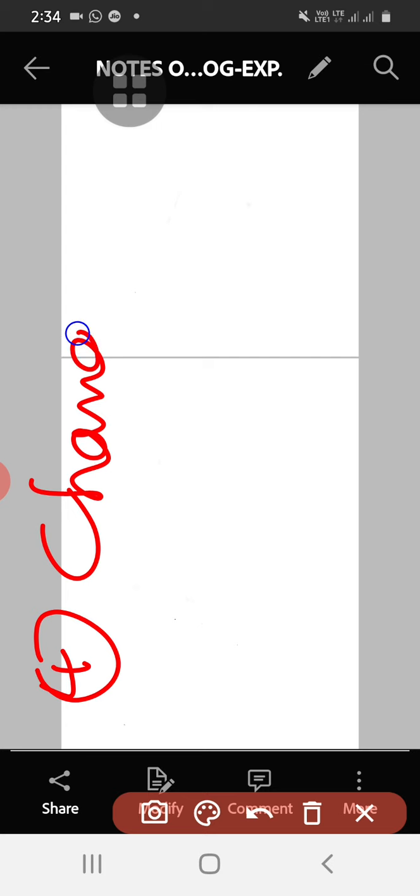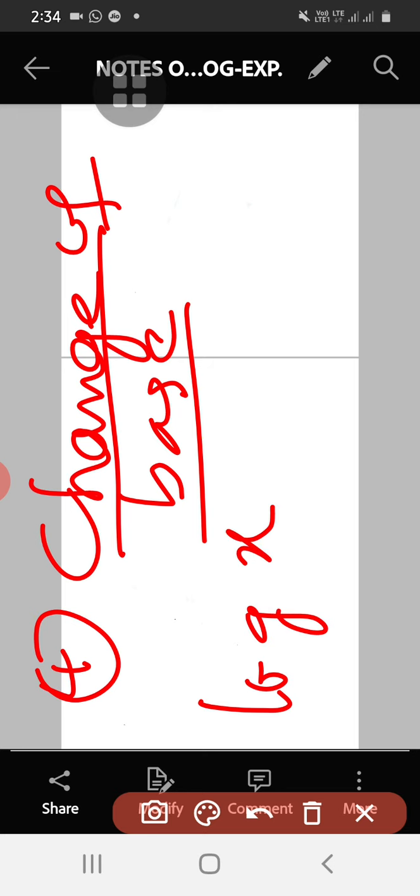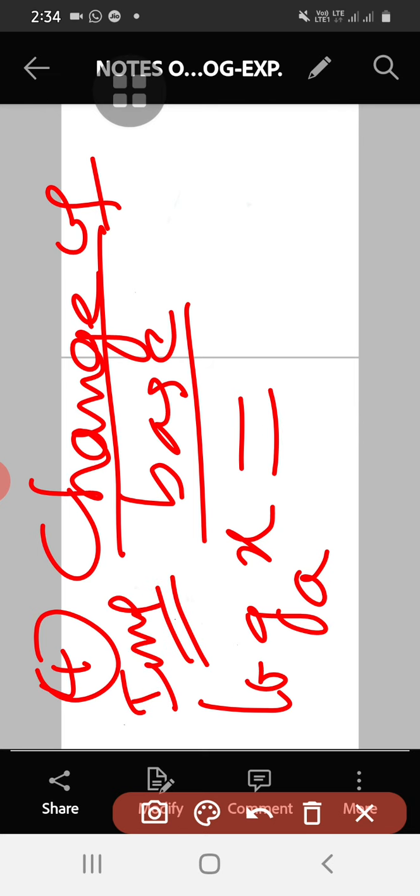In logarithms we have another rule here, the change of base rule. How do you change the base? Suppose I have a logarithmic function, log x, say base a. Observe carefully, this is very important.